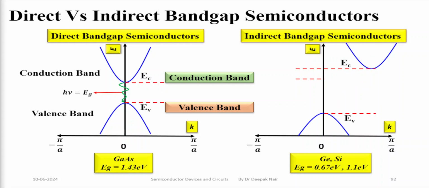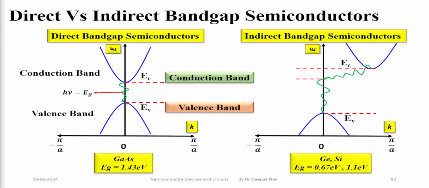Instead, they have to take a different path. In general, the electrons from the conduction band will first come to the alignment, and then they will come down to the valence band. So that means there are two different paths which are taken by the electrons in case of direct and indirect band gap.